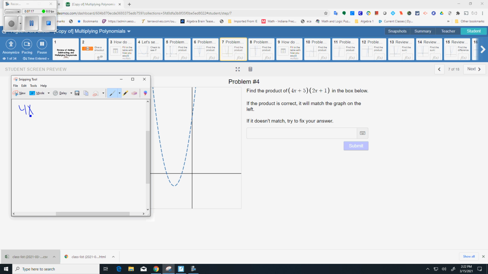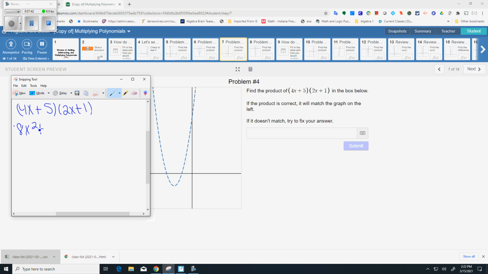4x plus 5 by 2x plus 1. So then 4x times 2x is 8x squared.